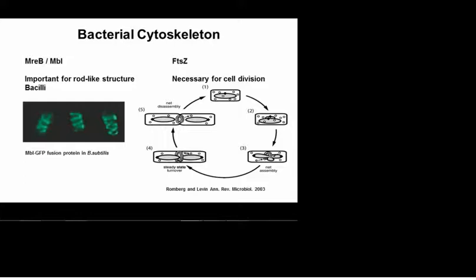Gamma tubulin in eukaryotic cells has a primordial role in starting mitosis because it's very important for initiating the formation of the mitotic spindle. This is a tubulin structure. So you've got two structural homologs, very, very distantly related, in bacteria and eukaryotes.